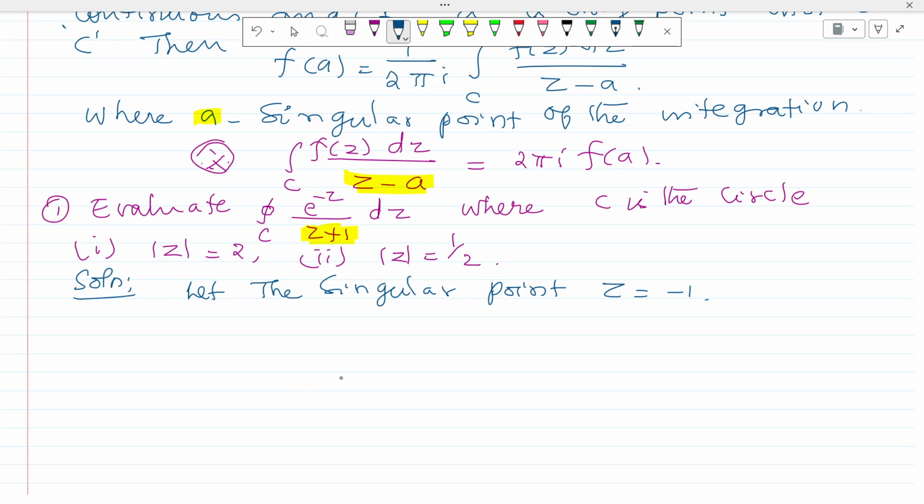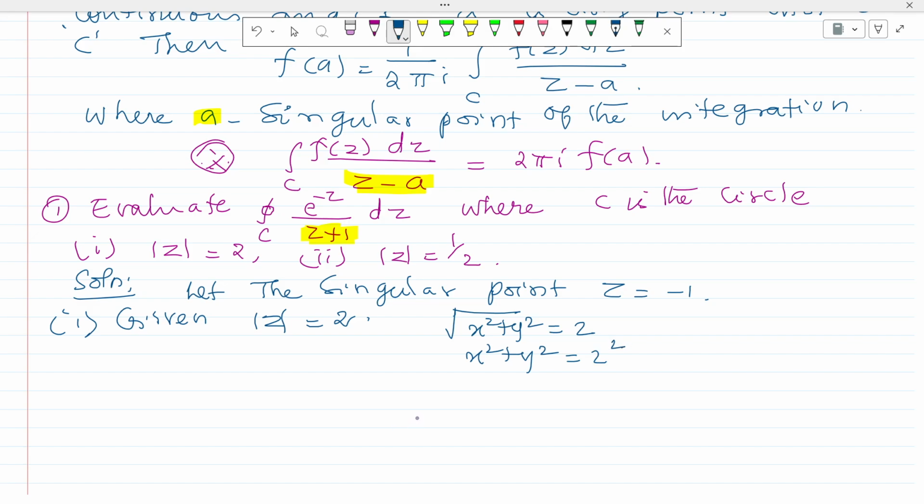Now see the circle. Also given, in the first case you can take mod z equal to 2. Mod z equal to 2 can be written as root of x square plus y square equal to 2, that means x square plus y square equal to 2 square.